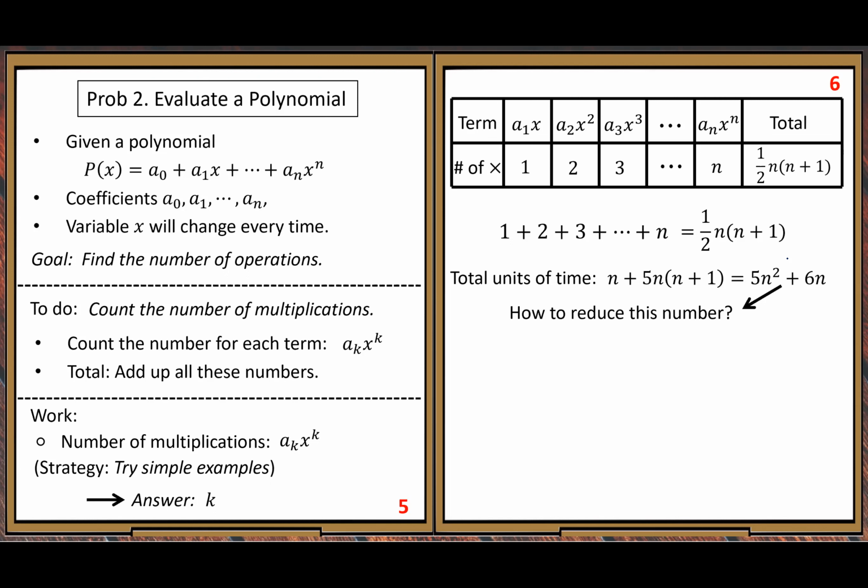We want to find the same answer, but we don't need that many units of time. We want to save some units here. You have to use some smart way. Otherwise, how can you save units significantly?